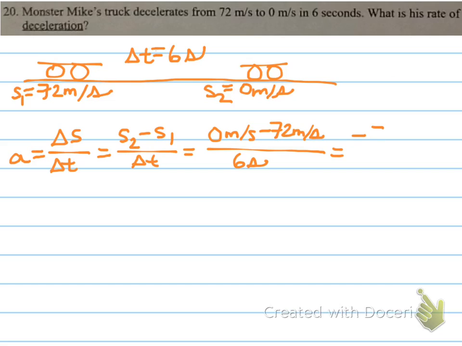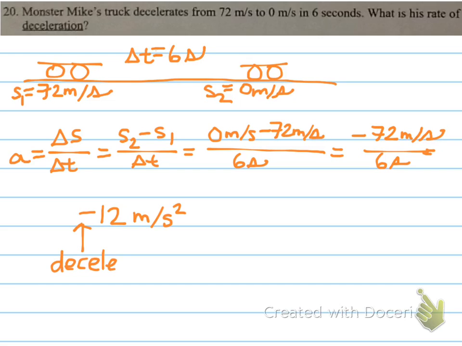So I have negative 72 meters per second divided by 6 seconds. 72 divided by 6 is 12, and it's going to be negative because it's deceleration. So 12 meters per second squared. Okay, and the negative really is just telling us that it is a deceleration, that we're losing speed and not increasing speed.